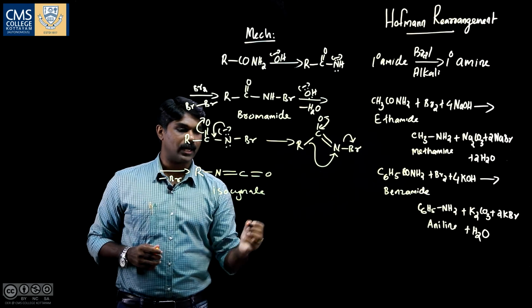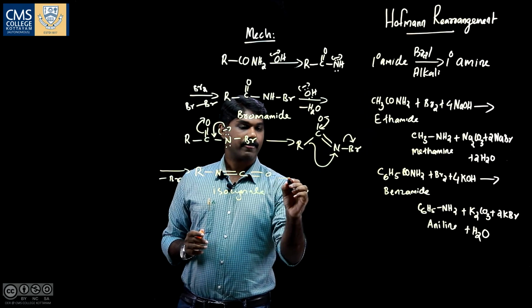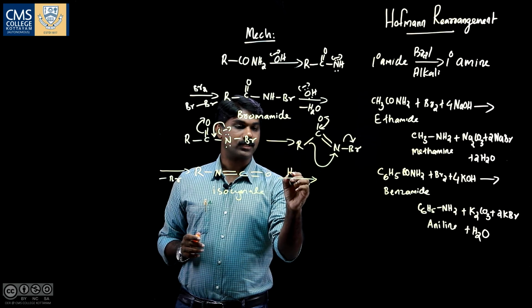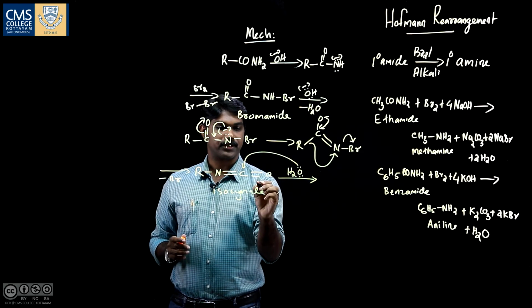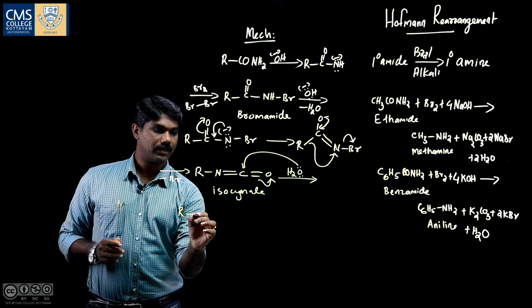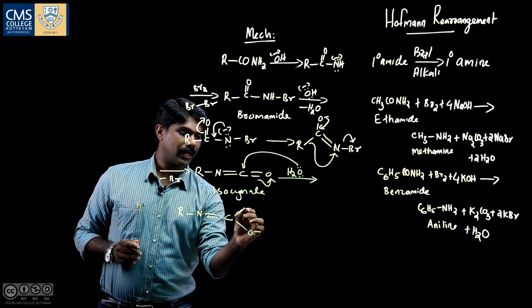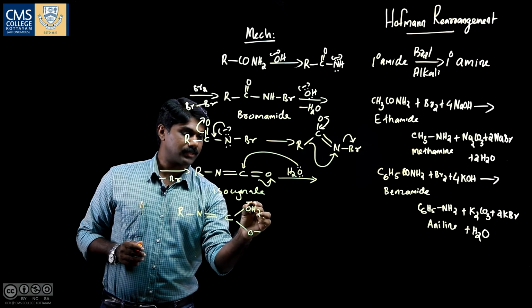This is called isocyanate. And this isocyanate then undergoes hydrolysis to give the amine as the product. This water molecule attacks here, and we get R N double bond C O minus and we have OH2 plus.